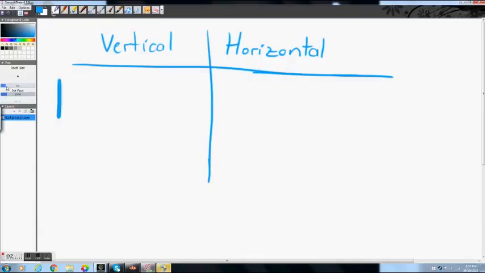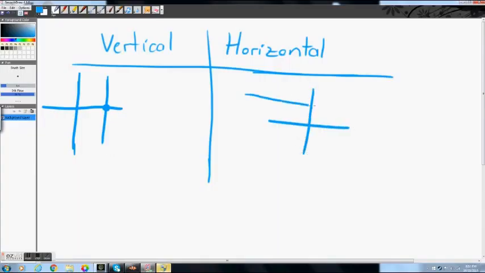A vertical line, of course, looks like this, and a horizontal line will of course look like that.